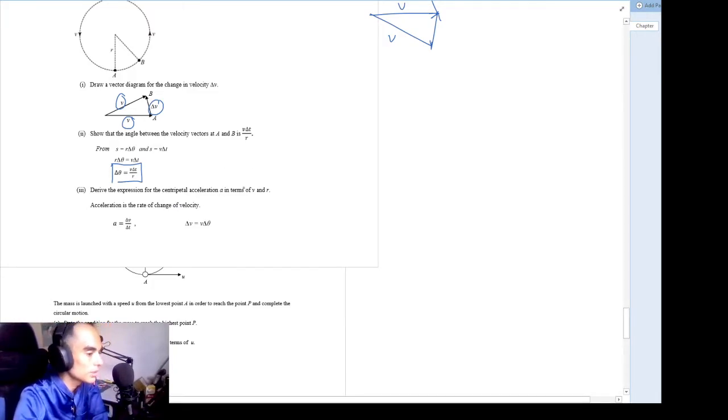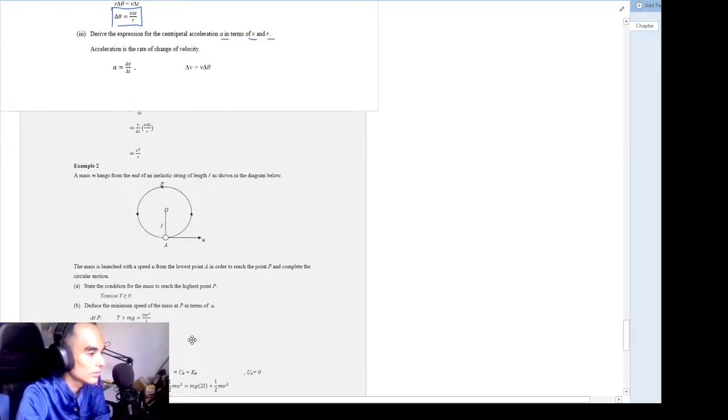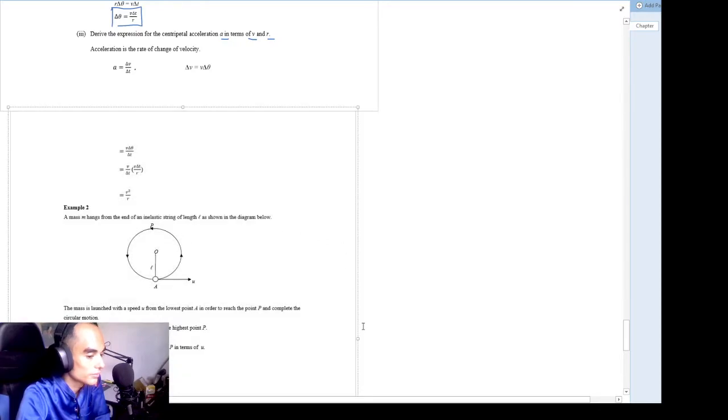Derive the expression for the centripetal acceleration a in terms of v and r. So acceleration is v squared over r.